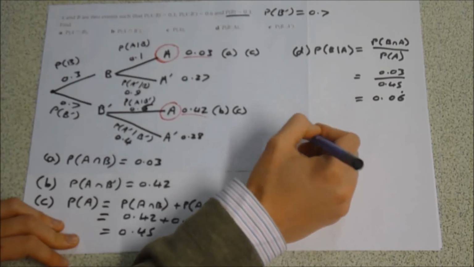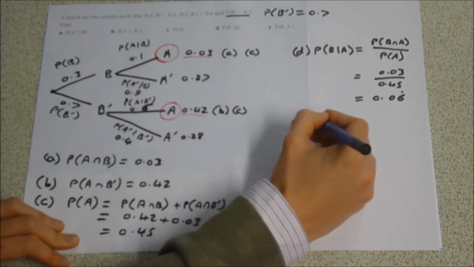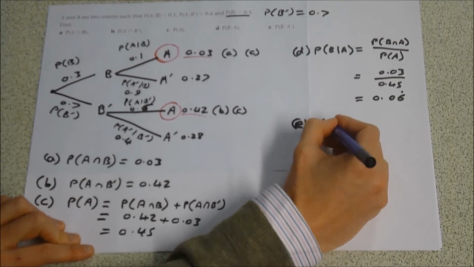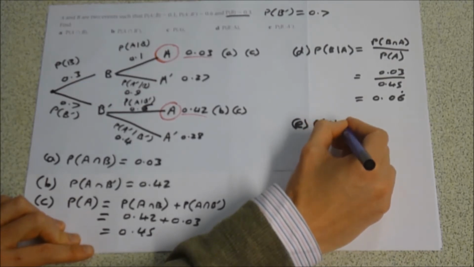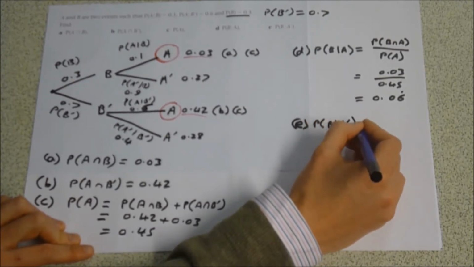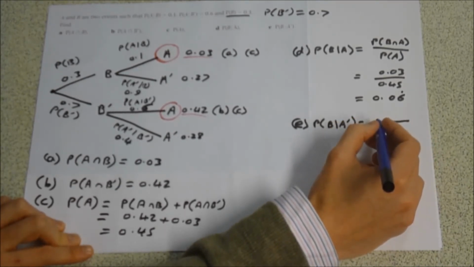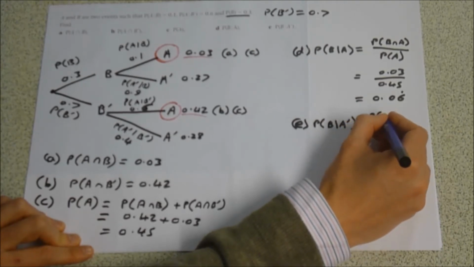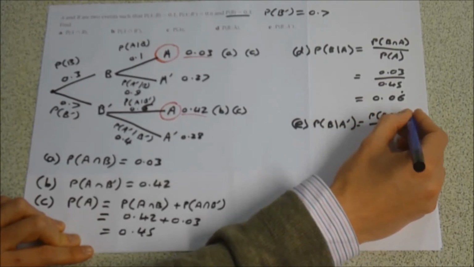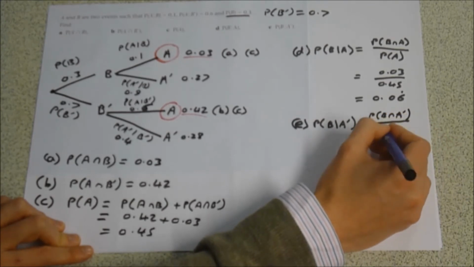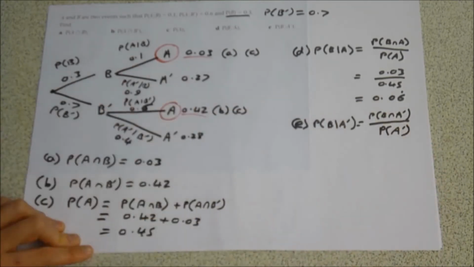Very similarly, in part E, it asks us the probability of B occurring given that A has not occurred, given A complement. And in a similar way on the multiplication rule, well, that would be the probability of B and A complement, so B occurring and A not occurring, divided by the probability of A complement. Now we don't know A complement, but it is not difficult to work out. We've got two ways of working it out.